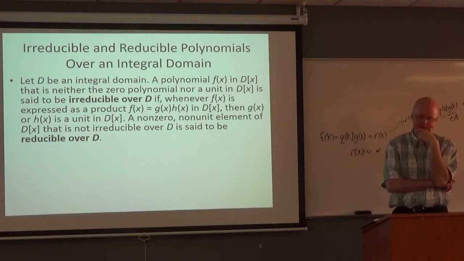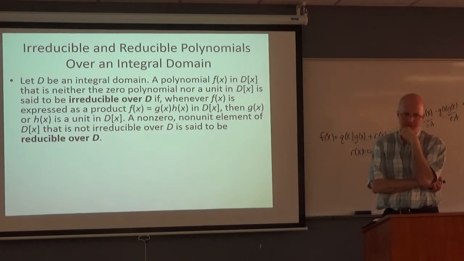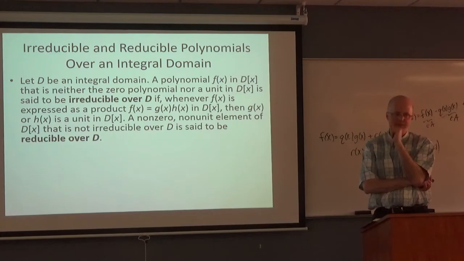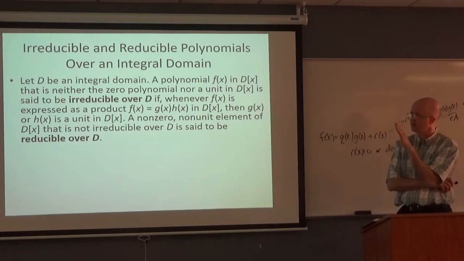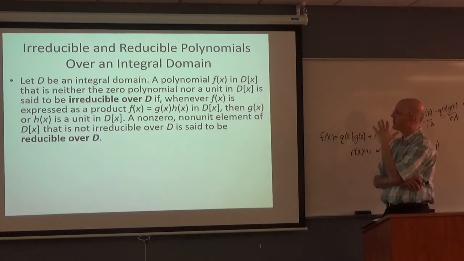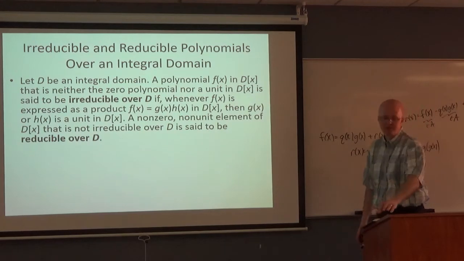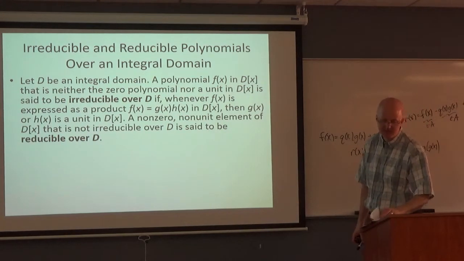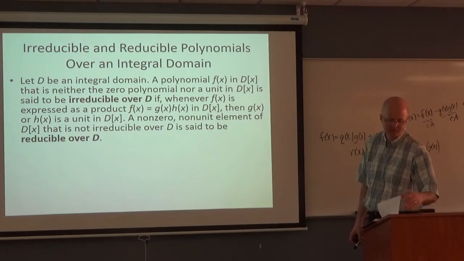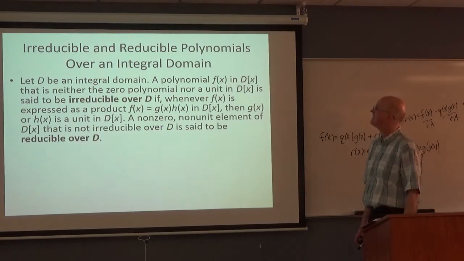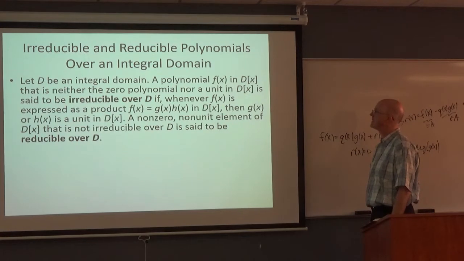Maybe for time's sake, I'm going to need to go faster than you might be able to write here. Maybe it's best to just listen and write down the names of things, or what we're defining. You can write down, for example, that I'm about to go through the definition of irreducibility and reducibility over an integral domain on page 289, with chapter 17 open at the same time.